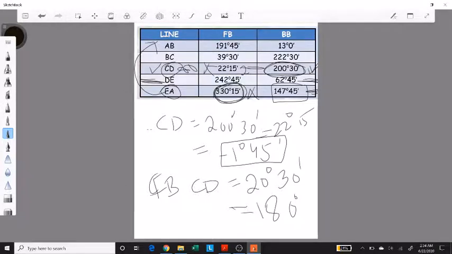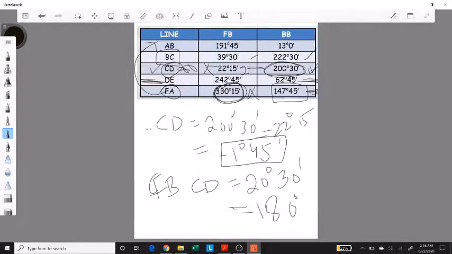So now that we have found out the correction at the point C, we can apply it to other lines in which point C is one of the reference points. So now let's talk about the line BC. Earlier we didn't know what correction we have to apply in the forward bearing and the back bearing, but now we have the amount of correction at the point C. And what reading did we take from the point C?